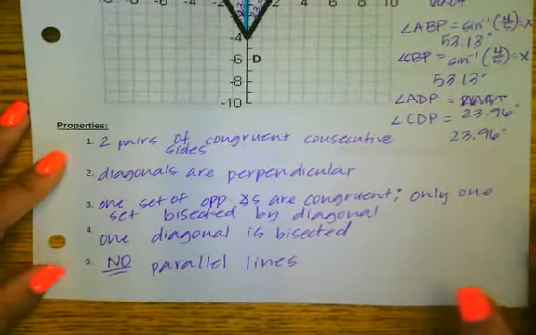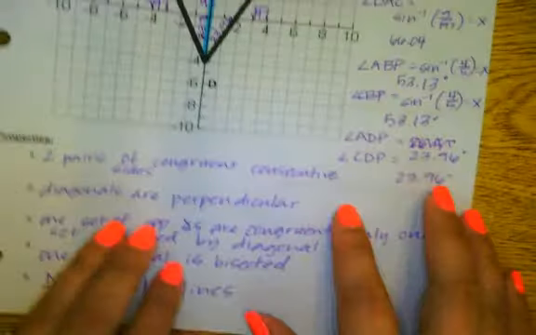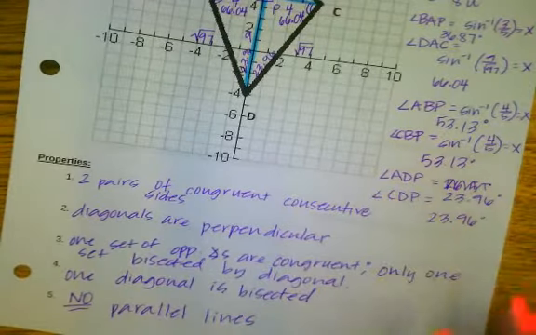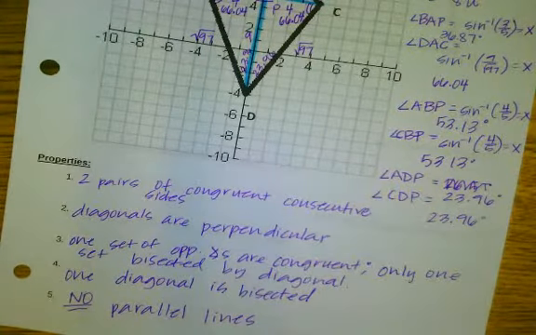Okay, so turn to your pink sheet and find kites.